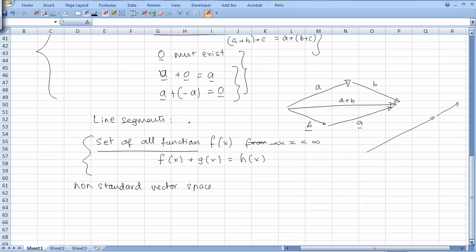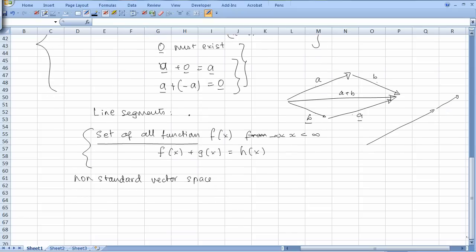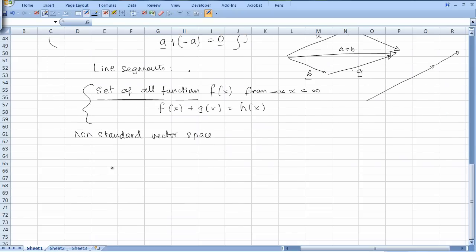By the way, it's not as non-standard as you think. What do I mean by that? So suppose I give you a standard vector, what is called a column vector, 3, 4, 5, 7. Right? This is a 4-dimensional vector. Can you see that? It has 4 components. Right? And instead of drawing an arrow and a line, I can draw a histogram.